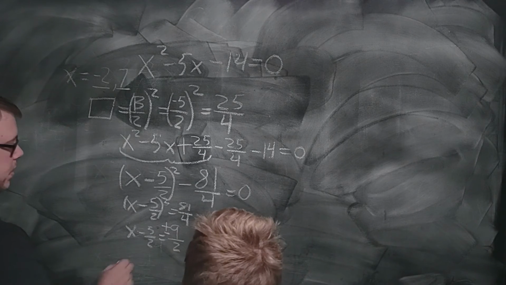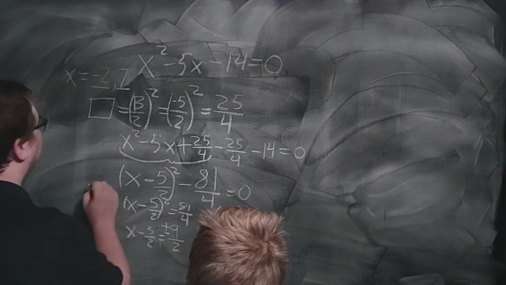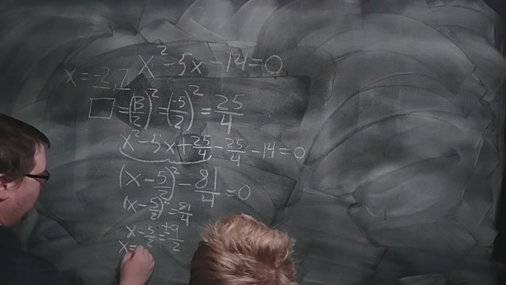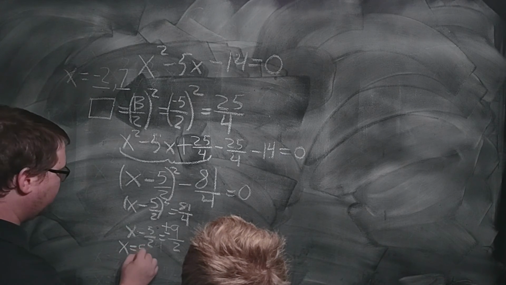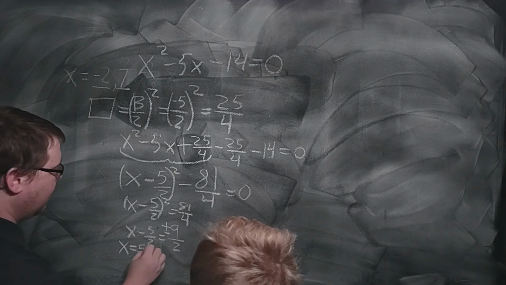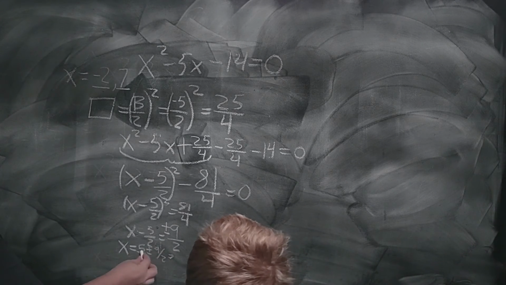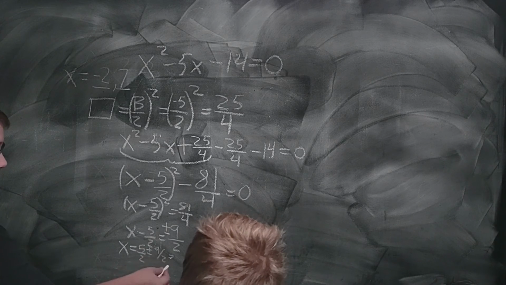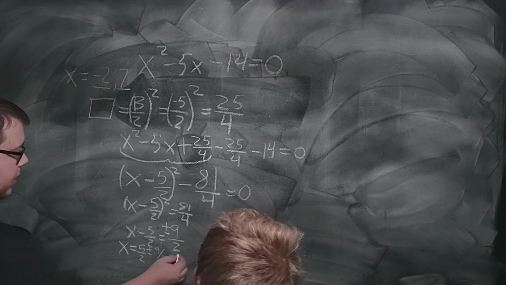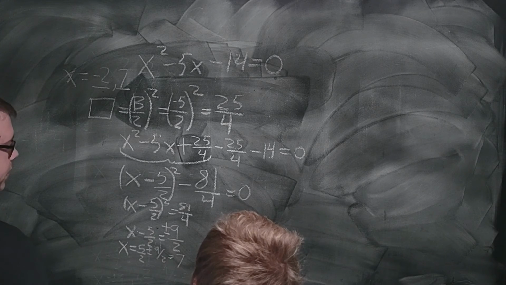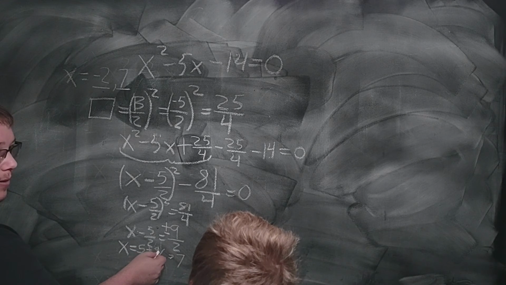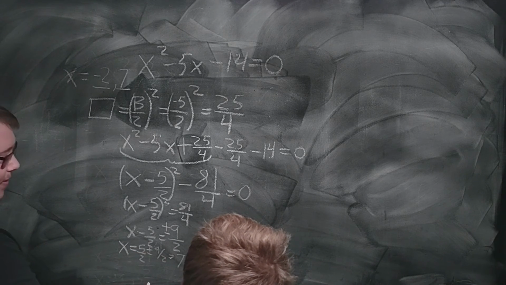Right? So now x equals... It's going to be 5 over 2, because we're going to add that to the other side, plus or minus 9 over 2. So 5 plus 9 is 14 over 2, which is 7. And 5 minus 9, what's 5 minus 9?